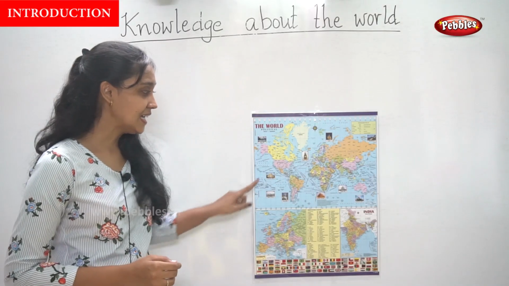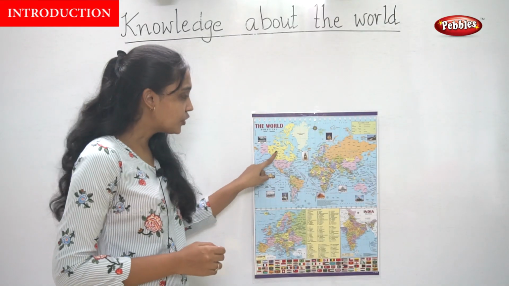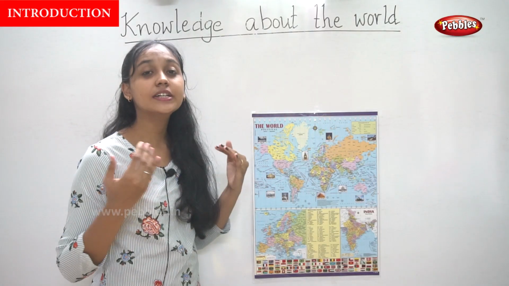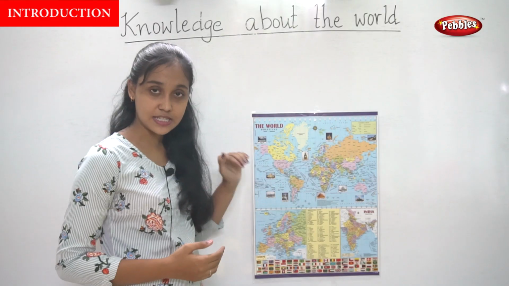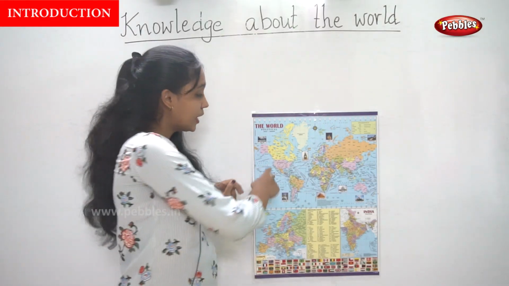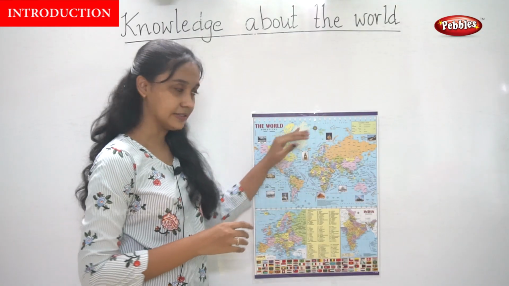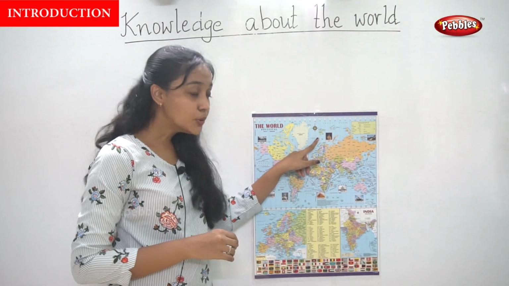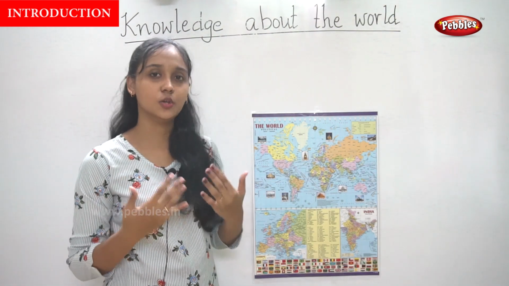So we can see different land masses, right? There are different colors. The different colored portions are the different countries. And then in between these countries you see the blue color. So the blue represents the ocean, the water bodies or the oceans.